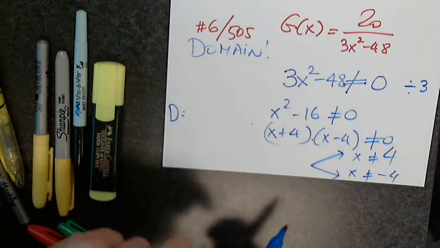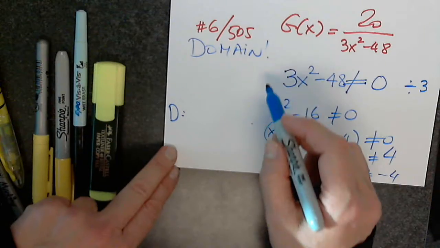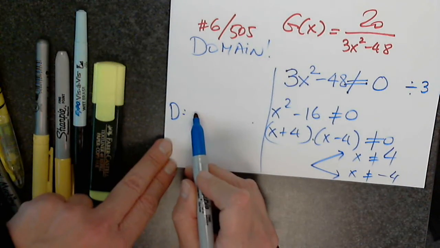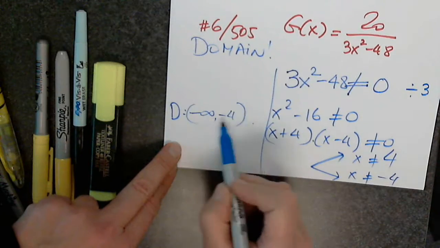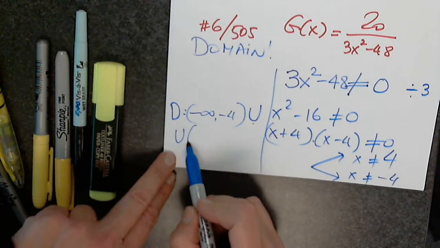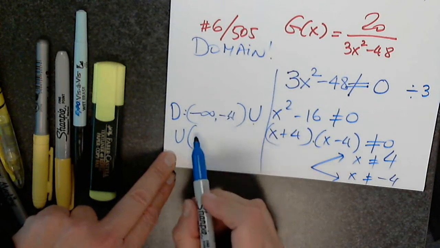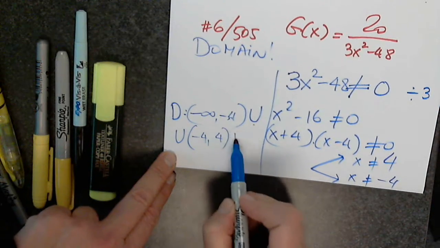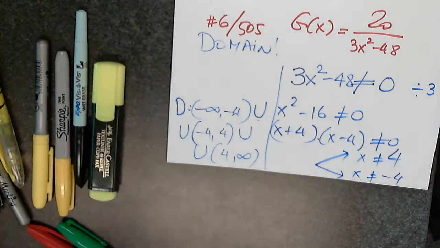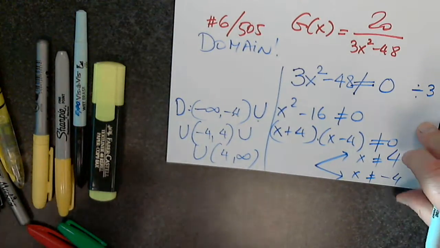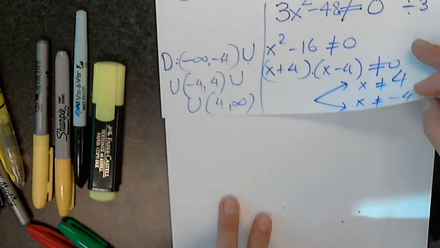Can anyone state the domain, please? Negative 4 to 4. In plain English, anything but 4 and negative 4. Please remember this is crucial.